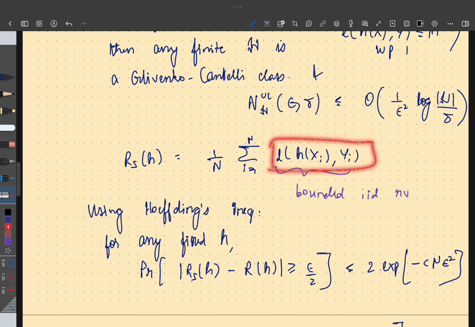If this loss function has finite variance, then it is PAC learnable. Again, it's a sufficient condition, not necessary. It's a more general sufficient condition than the loss function being bounded. But if you have something more complicated, then it's maybe going to be difficult to characterize the sample complexity.